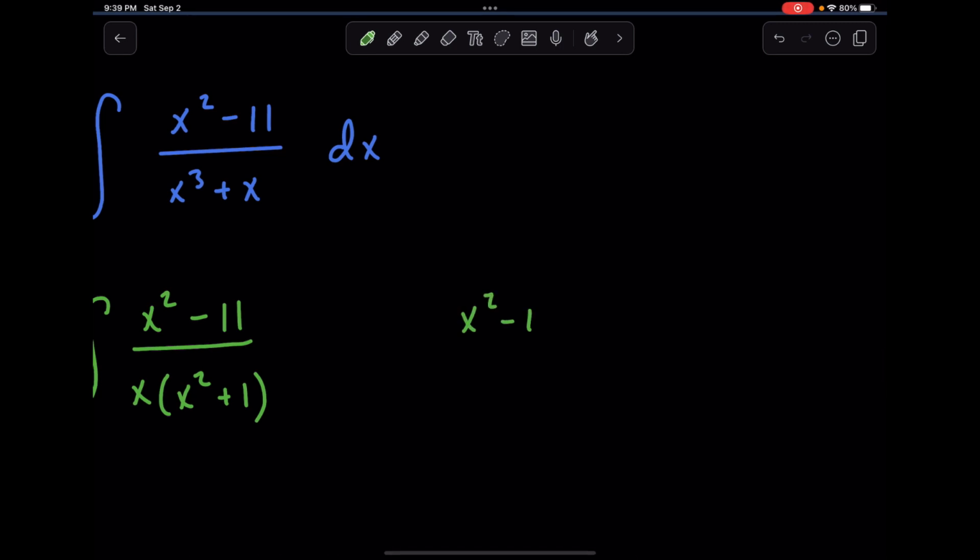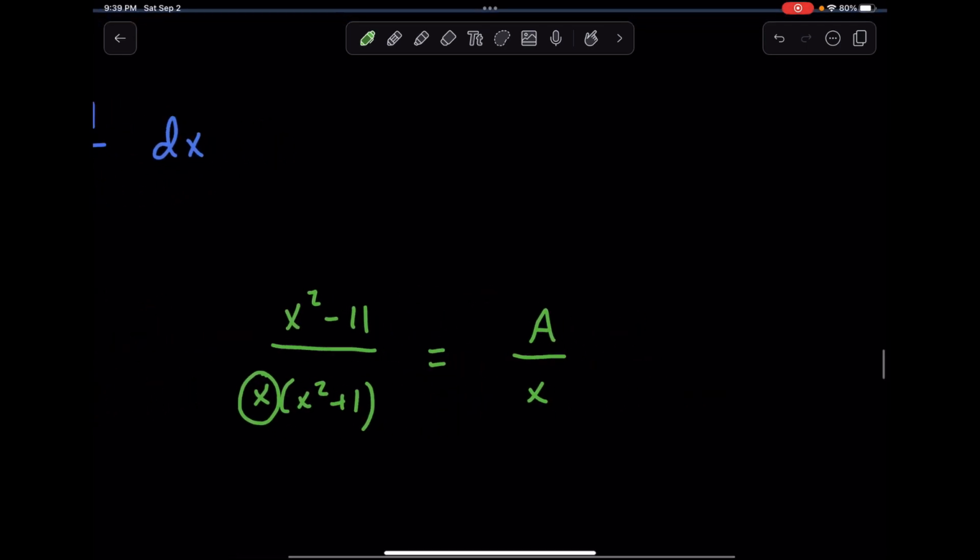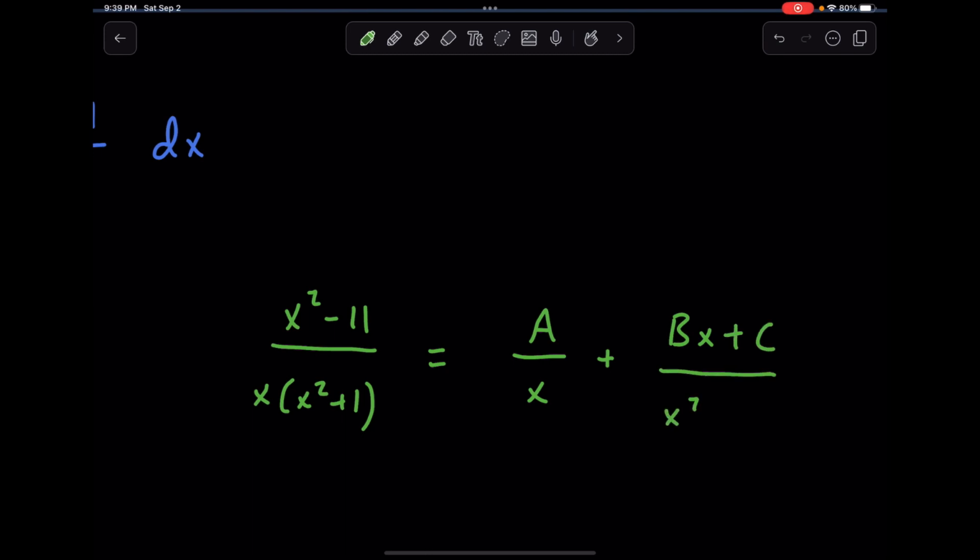X squared minus 11 over x times x squared plus 1 will equal a over x, because that's just a singular x term, plus bx plus c over x squared plus 1, because that is an x squared term.